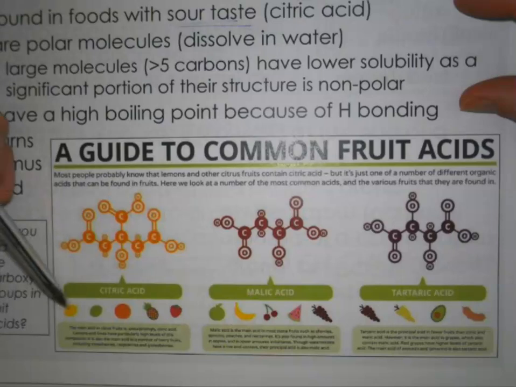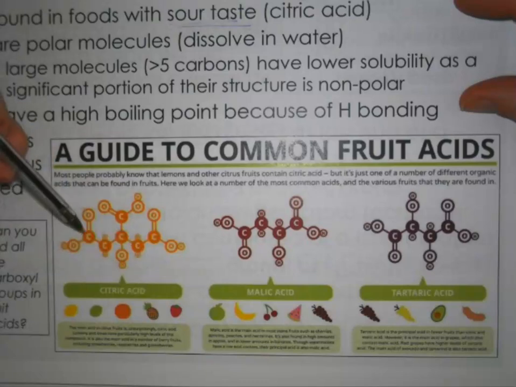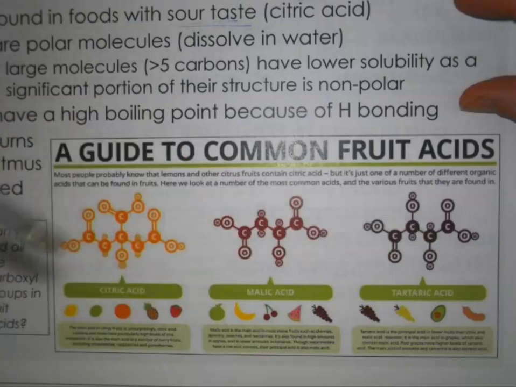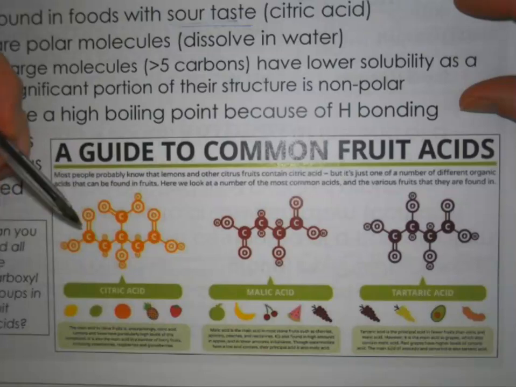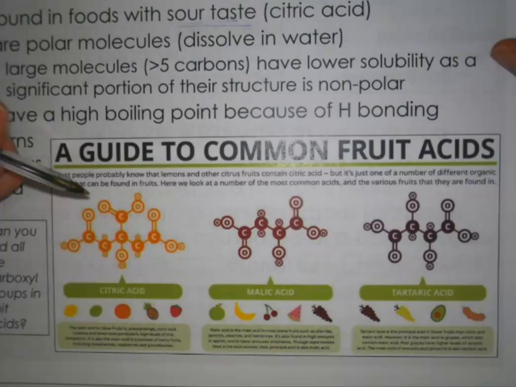It's in most of the sour kind of fruits like lemons, limes, oranges, but also things like pineapple and strawberry. So if we look at this structure, if you want, maybe just pause the video right now and see if you can find all the carboxyl groups. And then you can hit play and see if you got them all.